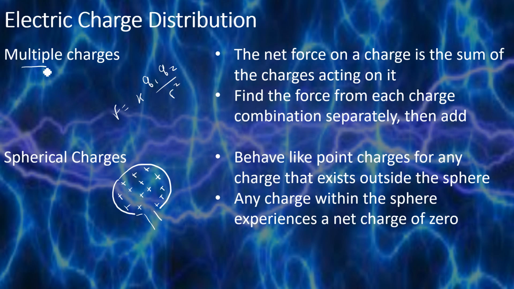I kind of jumped over this multiple charges idea. If we have several charges in a situation, I can find the net force, say, on this one, by finding the force between charge 1 and charge 3, and the force between charge 2 and charge 3, and then adding those up.